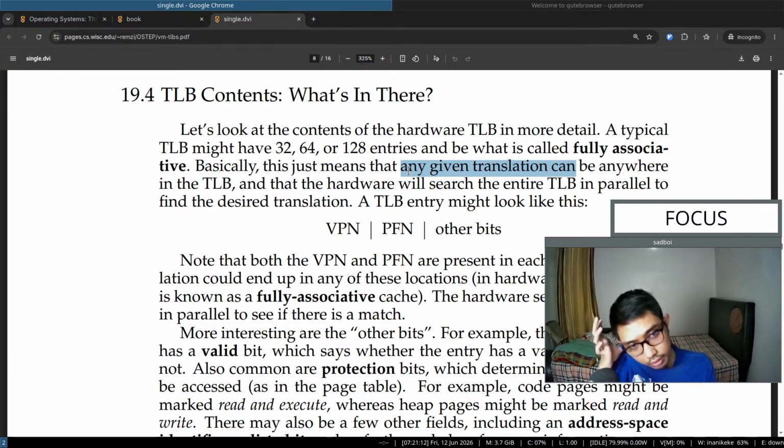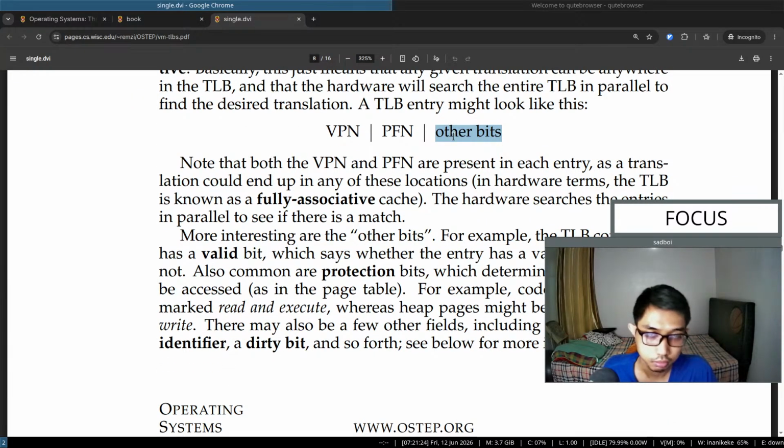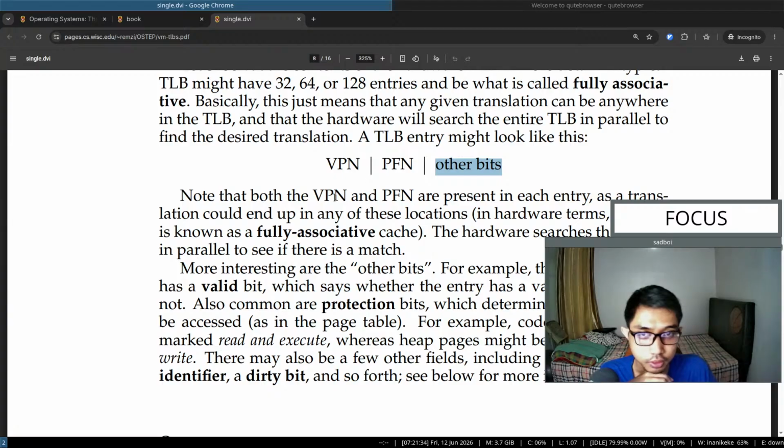A TLB entry might look like this: virtual page number, page frame number, and offset, maybe something like that. Yeah, I'm not sure.